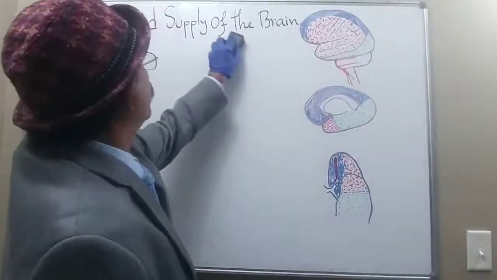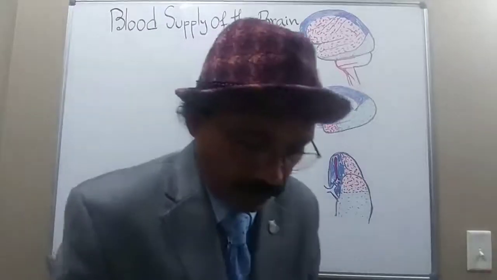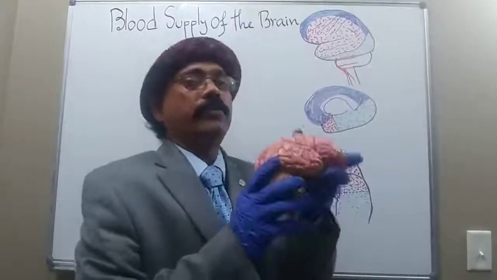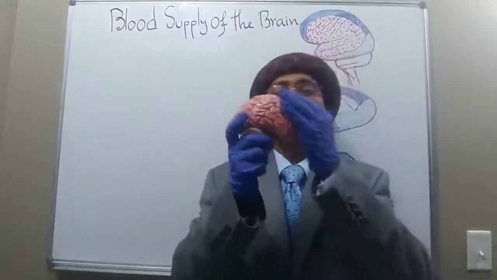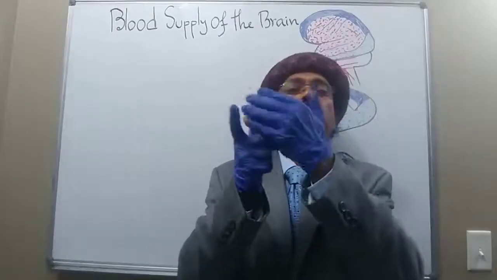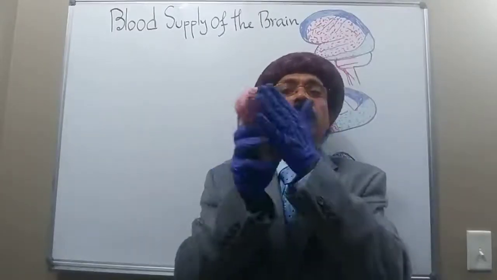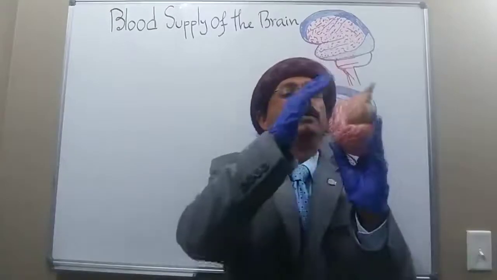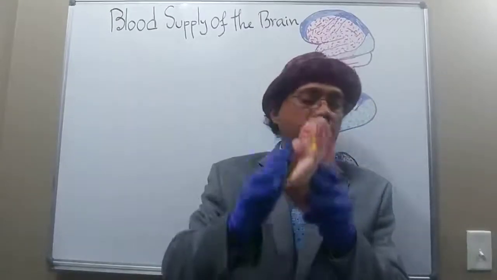Here we have the superolateral surface of the brain, the medial surface of the brain, and the inferior surface of the brain.